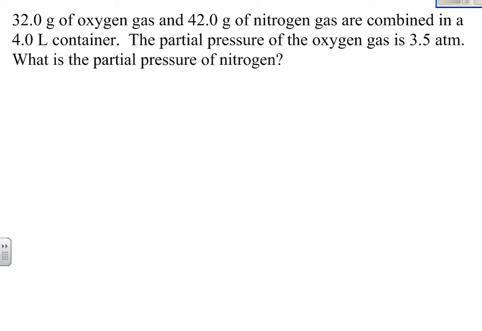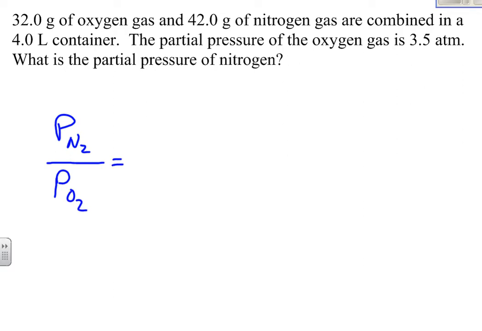So what we're going to do here is make use of the ideal gas law for both of these gases, and use a little bit of mathematical manipulation of the algebra to help us out. We'll put the pressure of the unknown gas, which is the nitrogen, on the top, and compare that to the pressure of the O2 gas on the bottom.